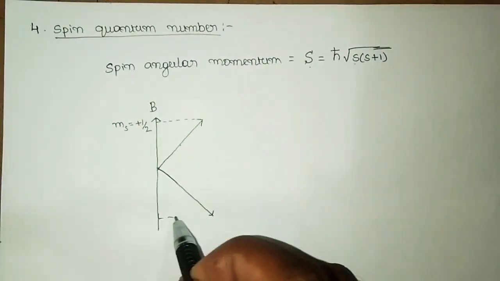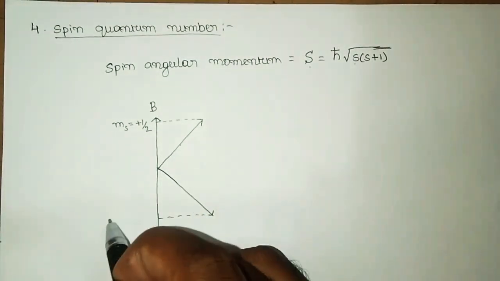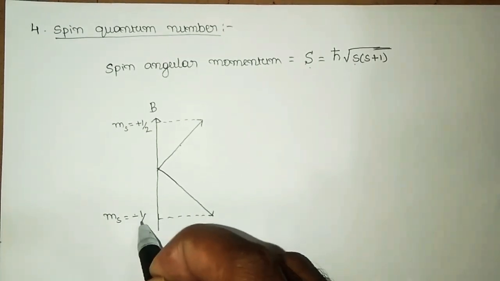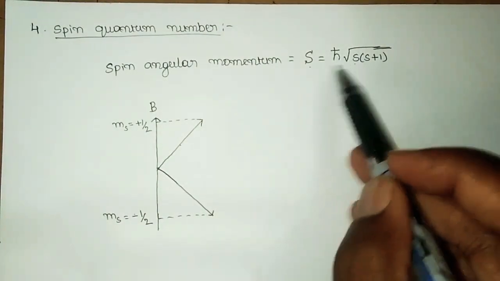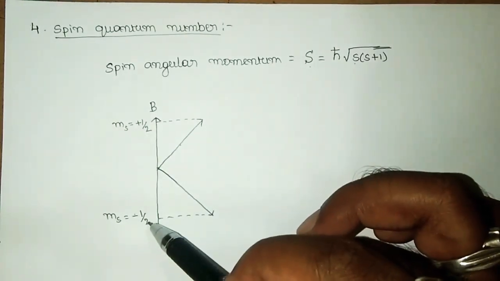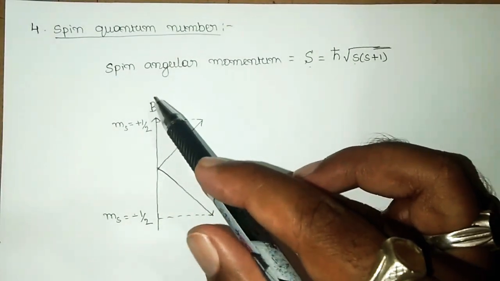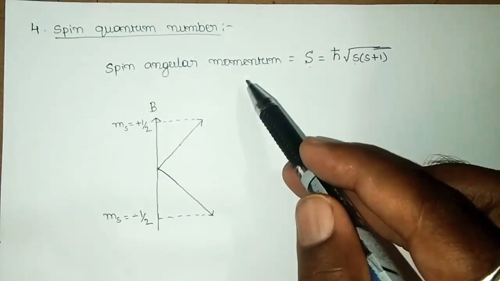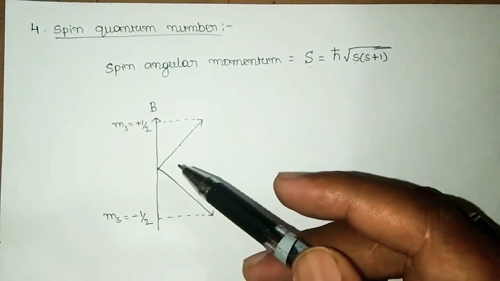And for the downward direction of the magnetic field, ms can take minus half. So the spin value may be plus half or minus half depending upon the direction of the magnetic field created by the electron because of its spin motion.